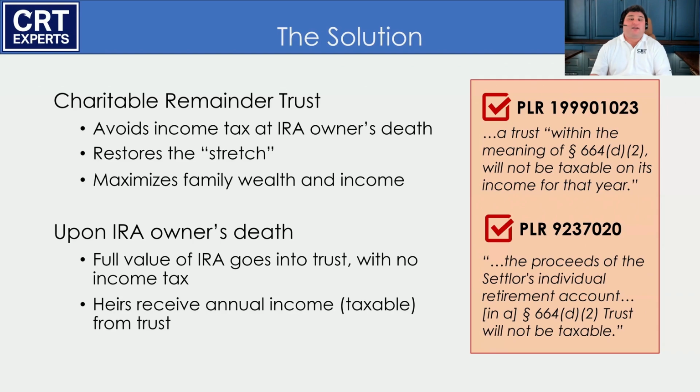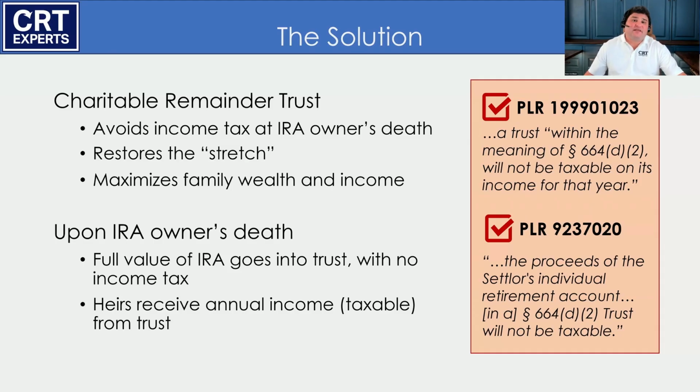But once we're through that, unlike that IRA that's always going to distribute ordinary income, the CRT can distribute capital gain. So we actually have some tax advantages down the road with the CRT, even when we compare it to the old stretch IRA, which of course isn't possible anymore.